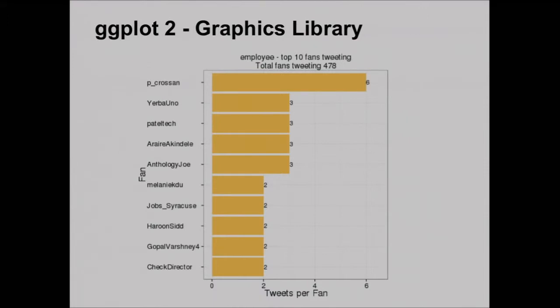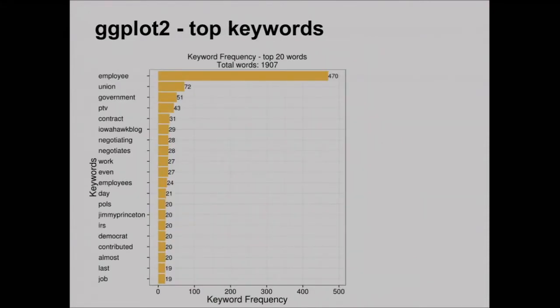And based upon the data that we get back from Twitter, here are just 3 different graphs that we can fairly quickly generate using different libraries. One is the top users of people searching for the word employee, and then the top keywords. Obviously if you search for the word employee, the top keyword you get back is employee.